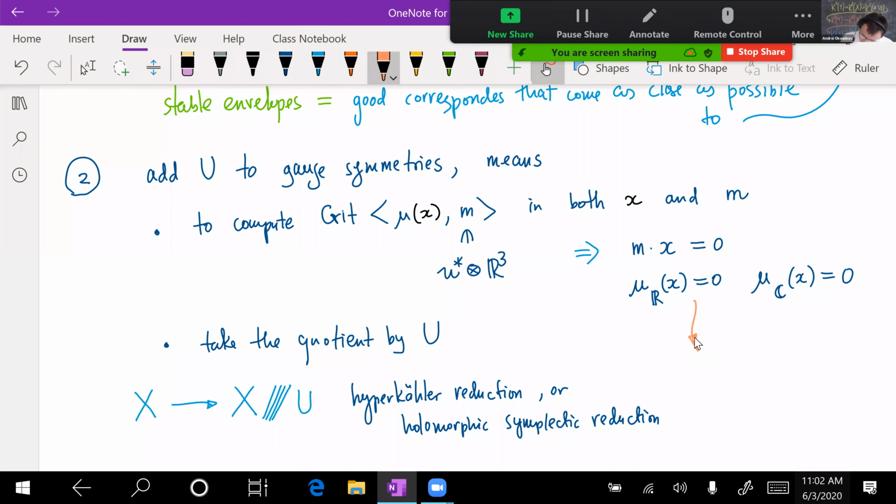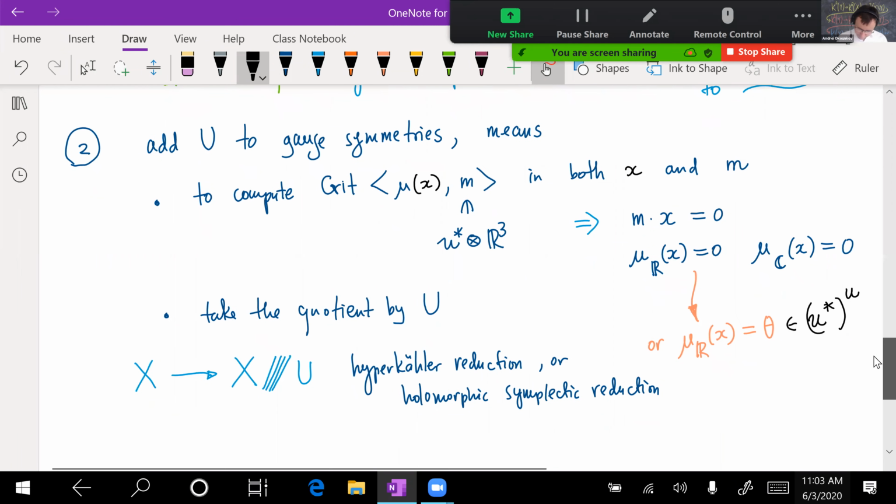One can make the real moment map take a value theta, since the moment map is only defined up to a constant, and that constant could be any element we want in the invariant part of the dual of the Lie group. For example, if you're taking a quotient by GLN, then GLN has a one-dimensional center, so you get one degree of freedom here.